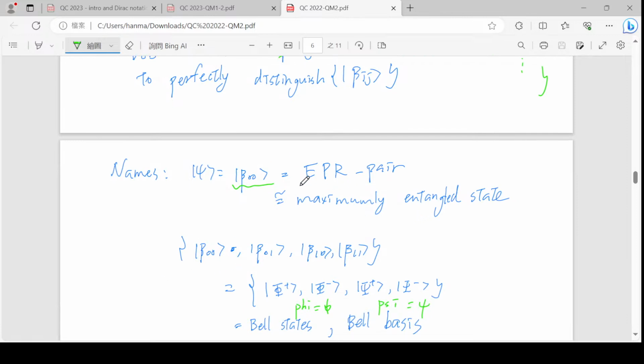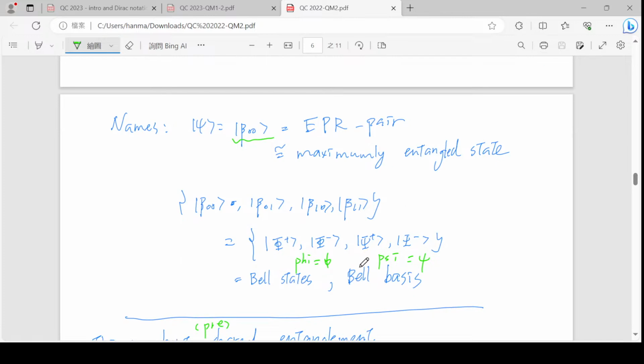Anyway, those 4 are local EPR pairs in the maximally entangled state, and they have different names. On Wikipedia, usually they write beta 00 to beta 11 as big phi plus, big phi minus, big psi plus, and big psi minus. This symbol is the capital form of the Greek letter phi, and this is the capital form of psi, but it's a little hard to remember which one it is.